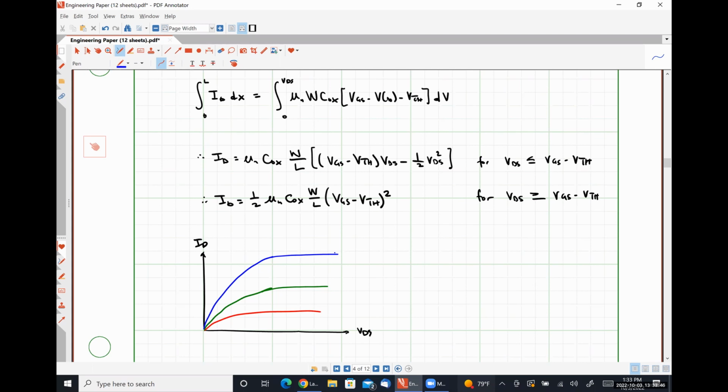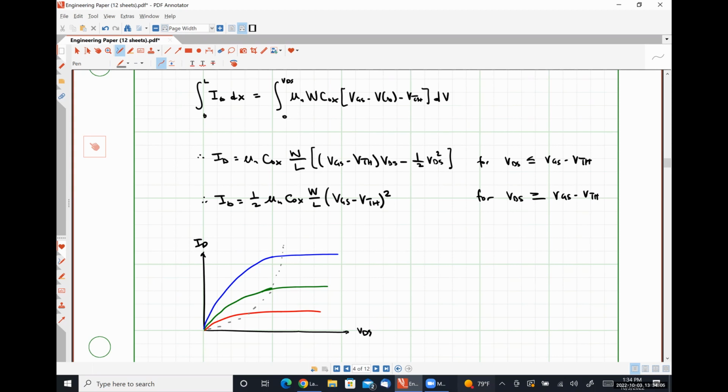Something like this, where we have this parabolic thing right here.